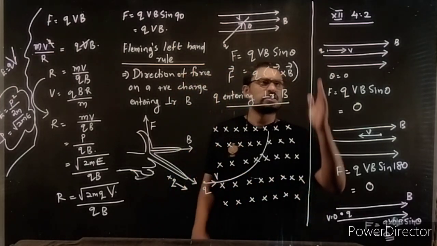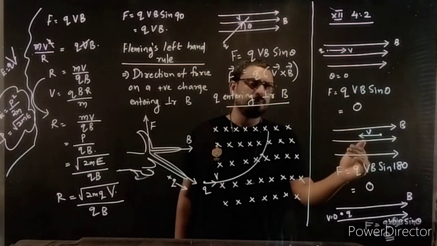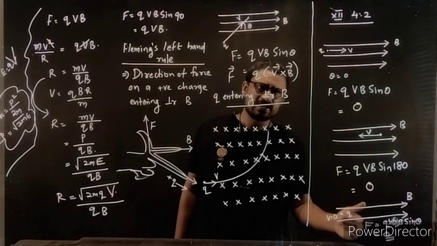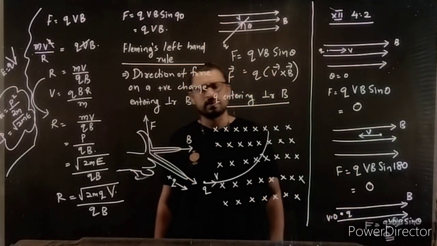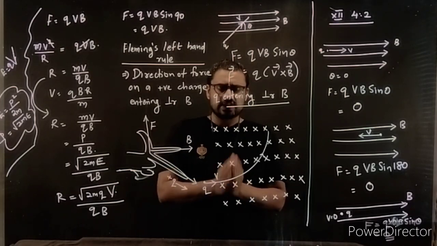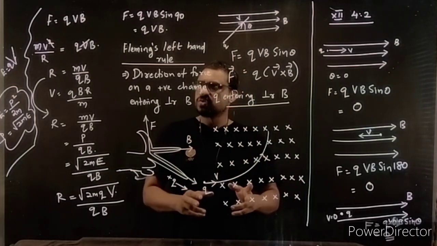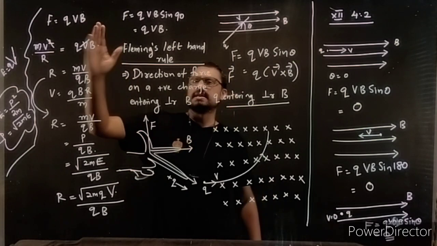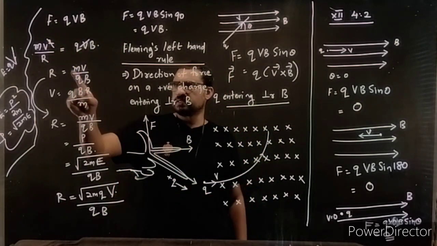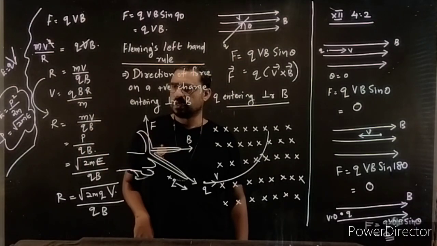So I will conclude: a charged particle entering parallel or anti-parallel will not experience any force. A charged particle at rest in the magnetic field will not experience any force. A charged particle entering perpendicular to the magnetic field will experience a force, and that force will act as the centripetal force, and it will follow a circular track of radius mv by qB.